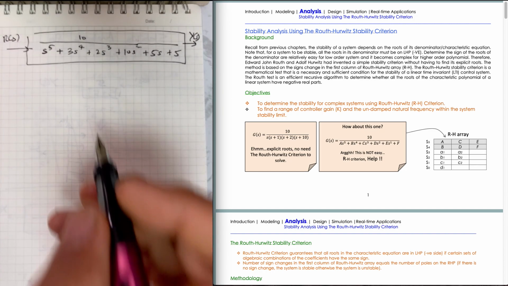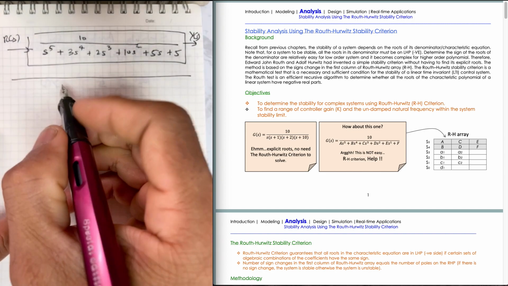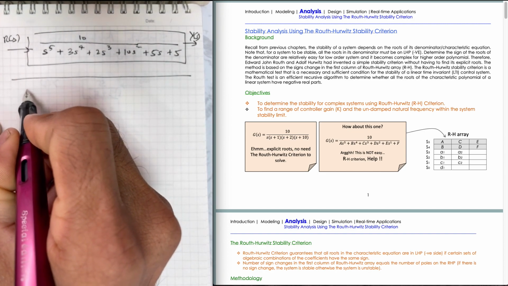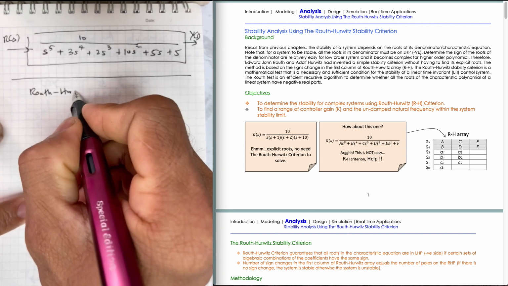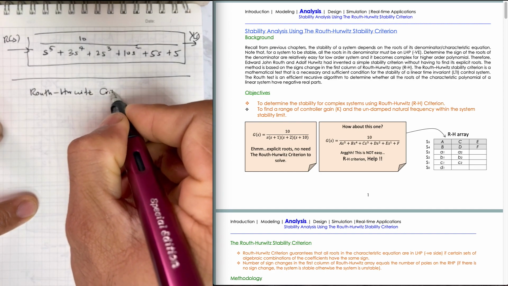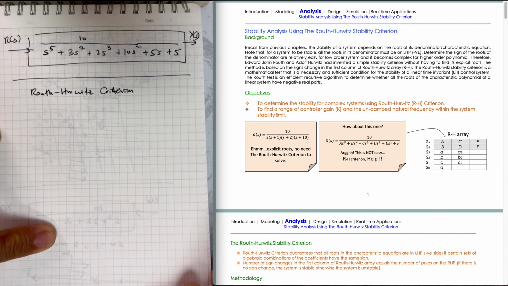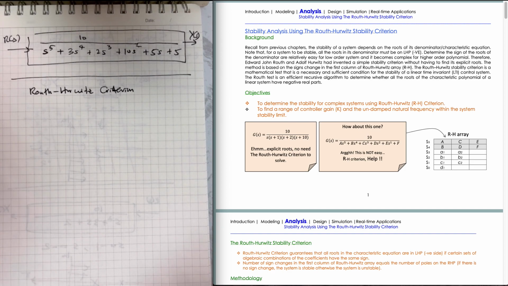Hence we have stability using the Routh-Hurwitz criterion. With this criterion we can determine the stability of the system using a special formula, but in this method we don't know exactly what the roots of the system are.